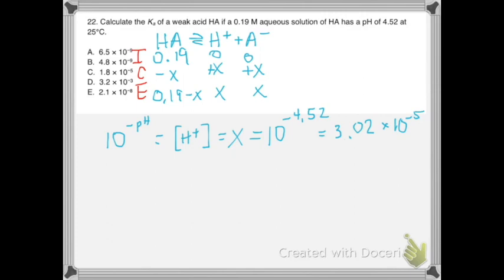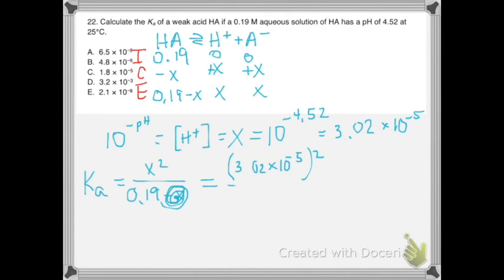Okay, so now we can set up our equilibrium expression. So we'll have Ka, which is equal to x squared over 0.19 minus x, except we're going to ignore this part. So we'll have that the Ka is equal to 3.02 times 10 to the minus 5 squared divided by 0.19.